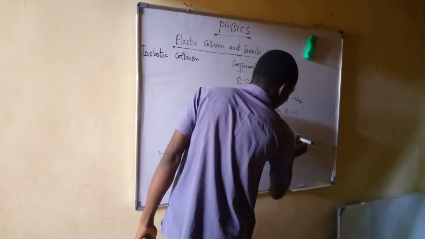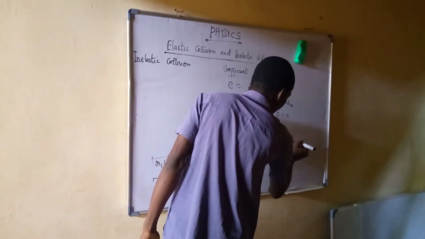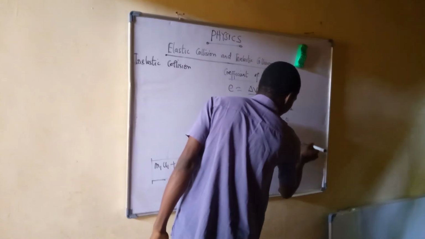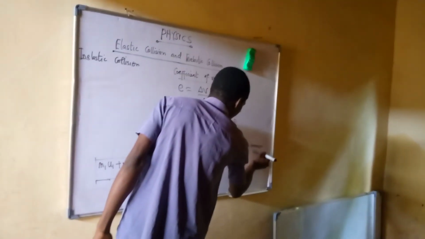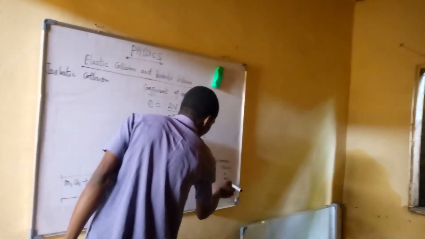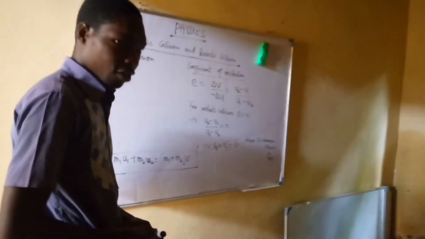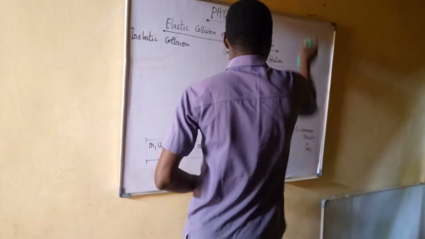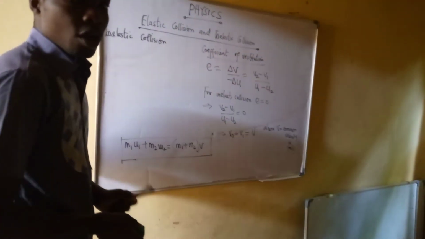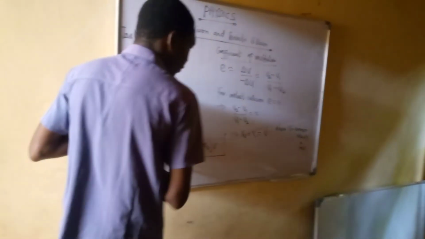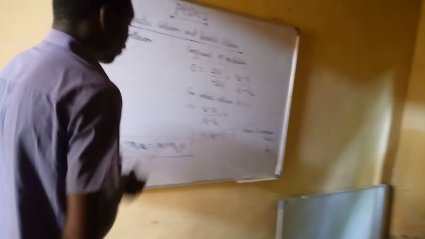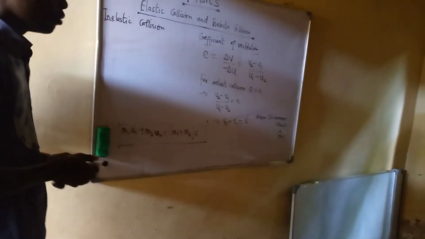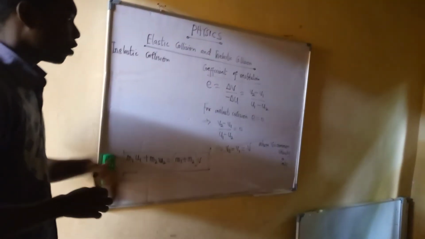This v is called the common velocity. You know velocity is in meters per second. Alright, so we've been able to write the expression for the momentum and the expression for the coefficient of restitution.